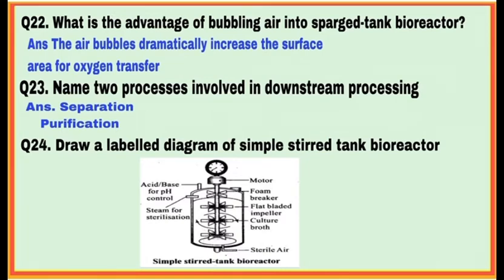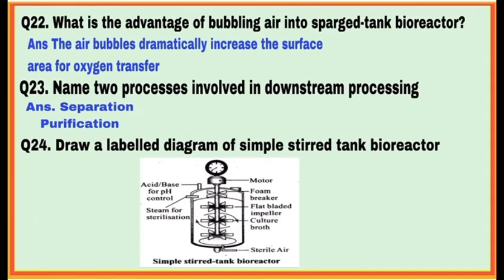After the product is ready, it is subjected to a series of processes before marketing like separation and purification, which are collectively called downstream processing. So, two processes involved in downstream processing are separation and purification.